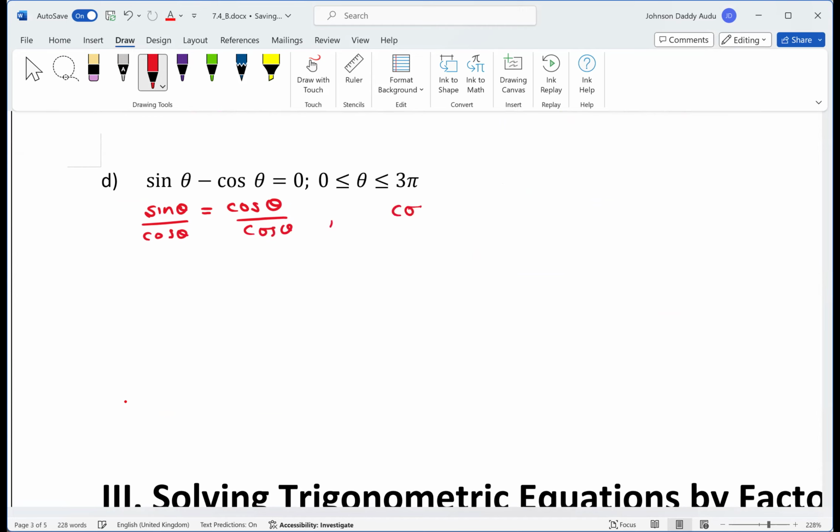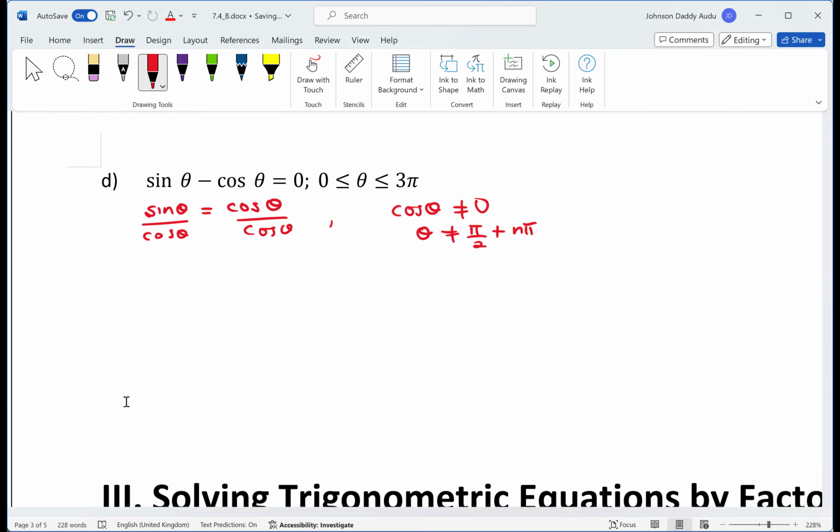But here we are assuming that cosine theta is not equal to 0, and that means that theta is not equal to pi over 2 plus n pi. So this restriction is important because if cosine theta is equal to 0, then you'll be dividing by 0, which is not possible. It does not make sense.